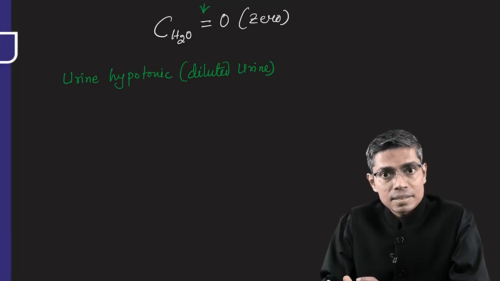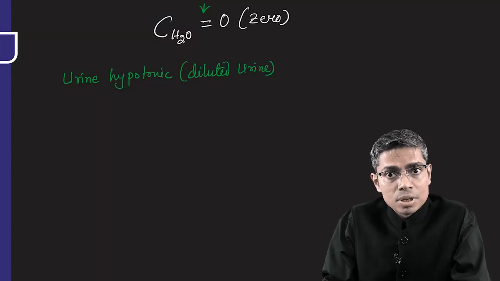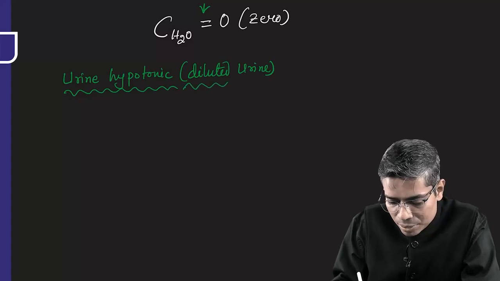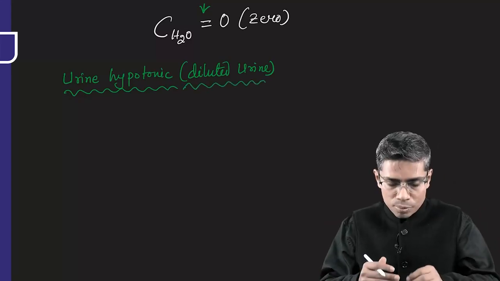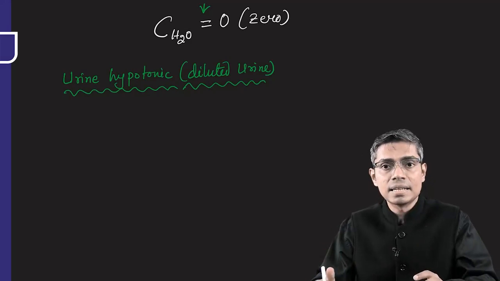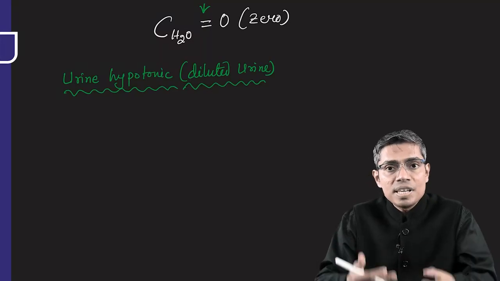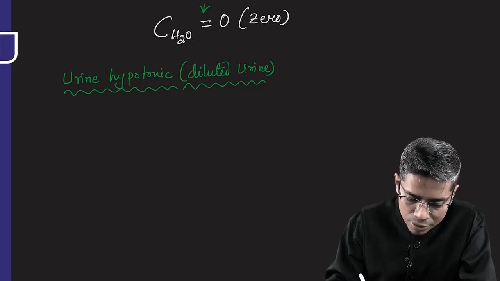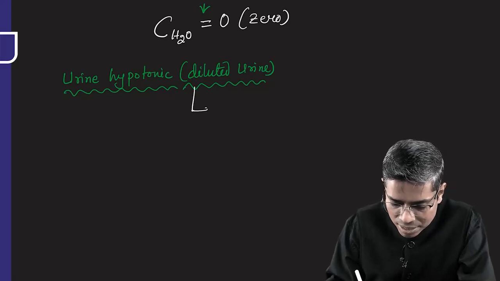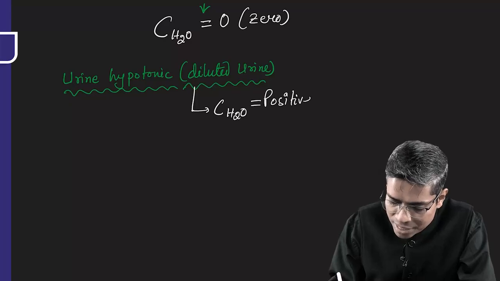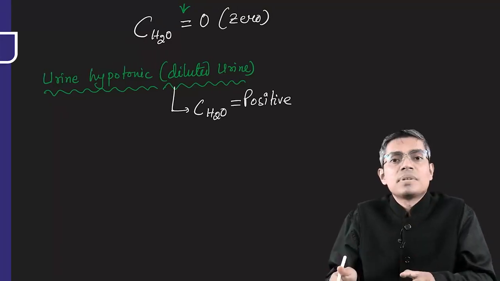It can excrete in an isotonic state also, but here urine is hypotonic, meaning dilute urine is produced by the body. So from the body there is extra loss of water in the urine. Free water is present in the urine. This is the condition when we say that free water clearance is positive. CH2O is positive.